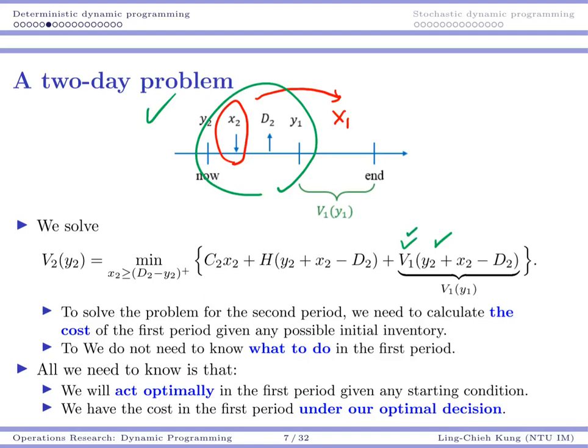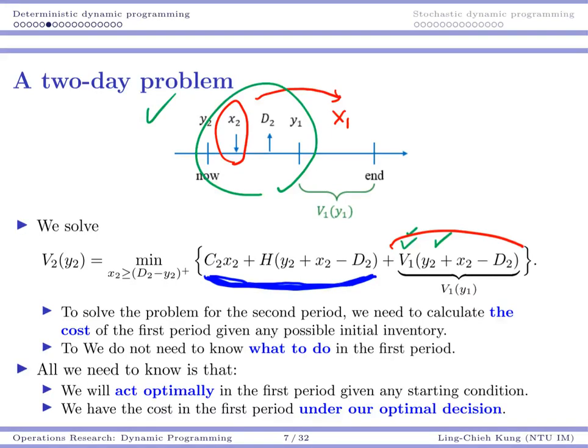I know I'm going to face some kind of trade-off. If today I produce more, then today's cost is going to be higher, but tomorrow's cost is going to be lower. So my mathematical program should find the best balance between today's cost and tomorrow's cost. That's the idea.